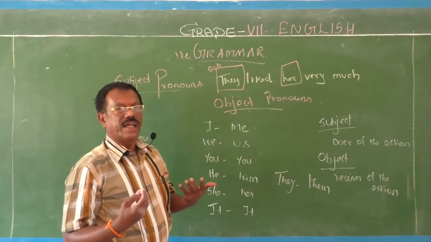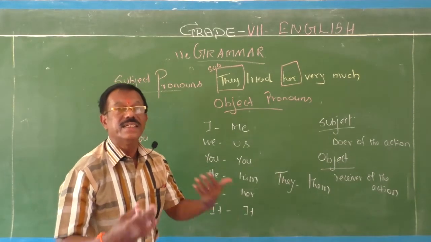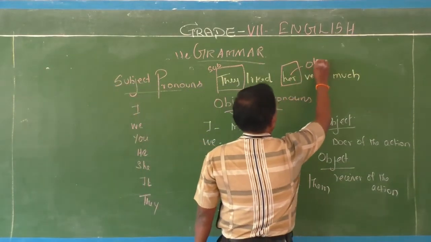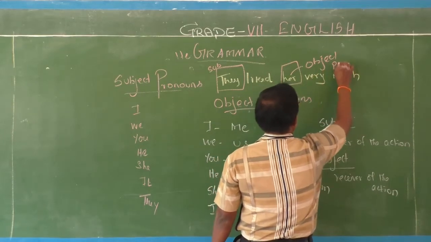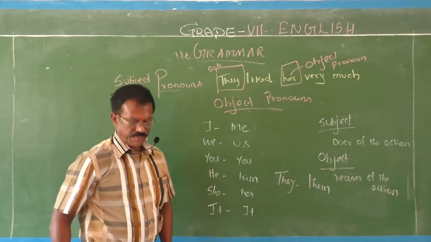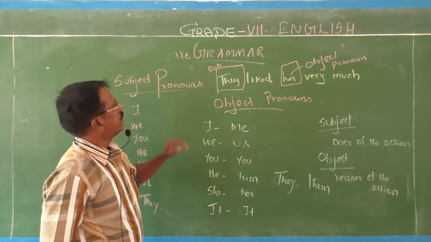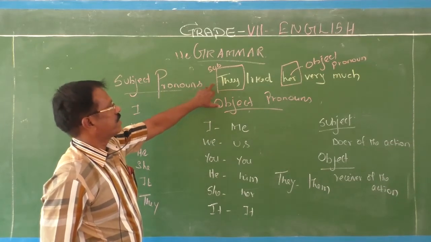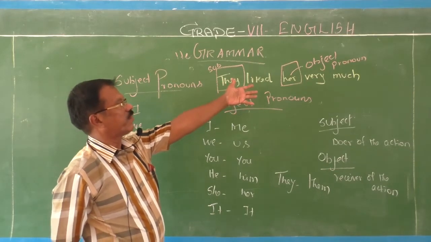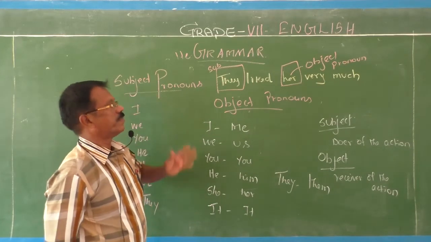She receives the action. What action has she received? The act of liking. So it's the object, the receiver of the action. This is called an object pronoun. Could you understand, children? So they liked her very much. Here they is subject because it is the doer of the action, her is the receiver, the object. So that stands for the receiver, therefore that's called object pronoun. It stands for the doer of the action, that's subject, therefore that is called a subject pronoun.